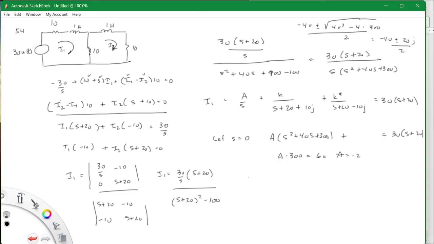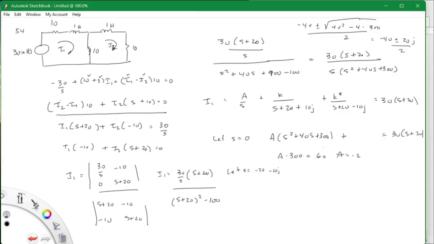What is K? Let S equal minus 20 minus 10j.